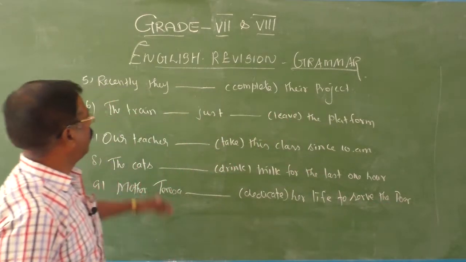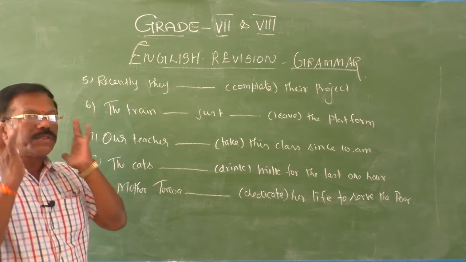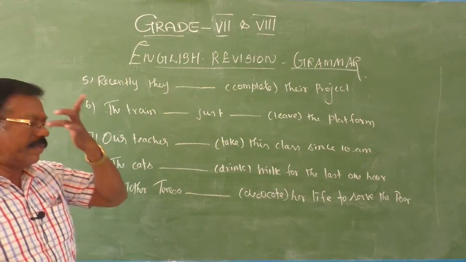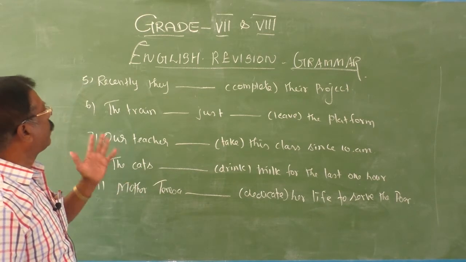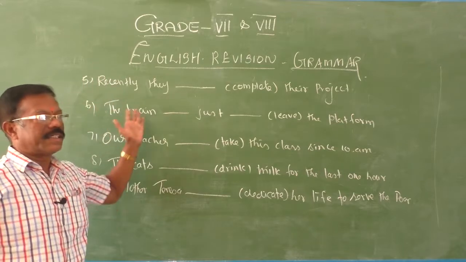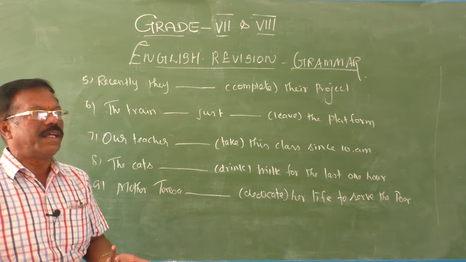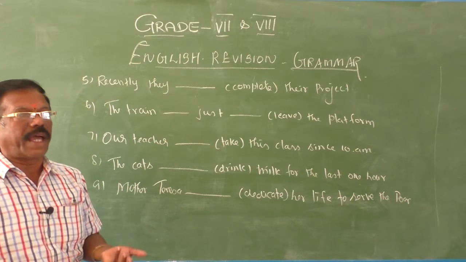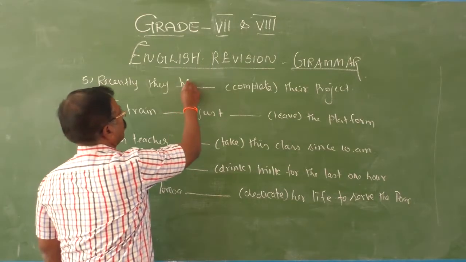Now look at all these exercises, children. You are going to find out the correct tense form of the verb given within the bracket. I will help you to identify. Recently is a time marker. This refers to an action which has been completed recently, so there we have to use present perfect tense. Recently they have completed.